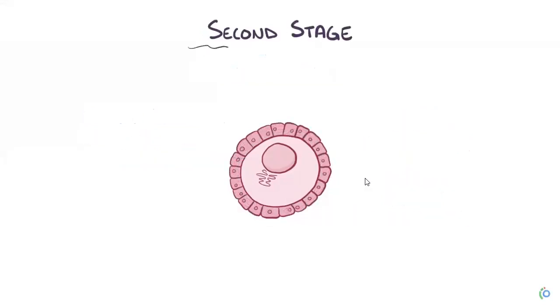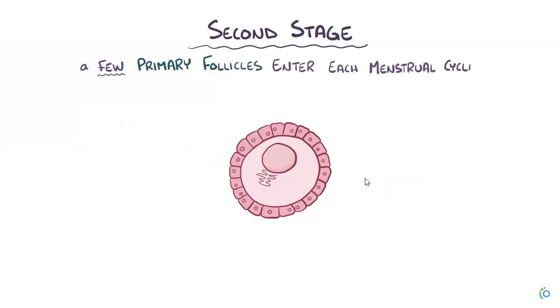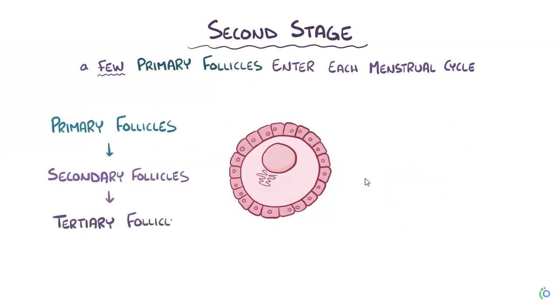The second stage of follicular development begins for a few lucky primary follicles with the first menstrual cycle in puberty, and a few more primary follicles go into the second stage with each subsequent menstrual cycle. In the second stage, the primary follicles develop into secondary and eventually tertiary or Graafian follicles.